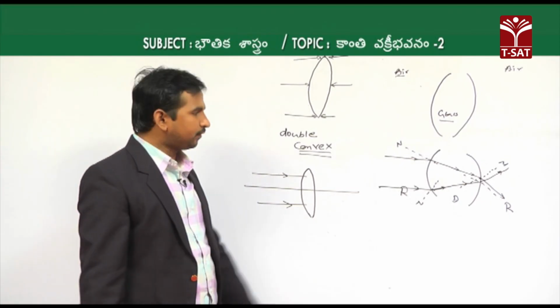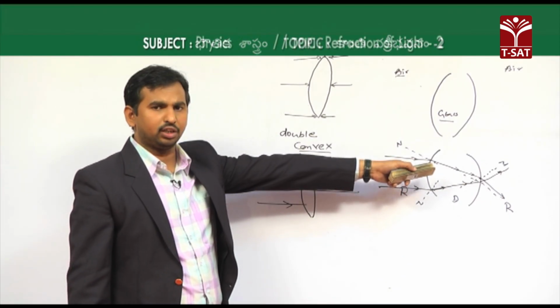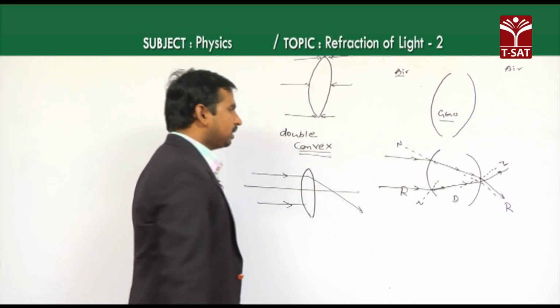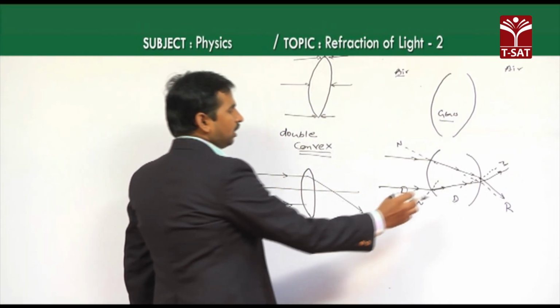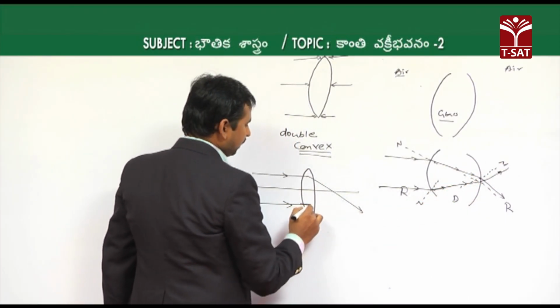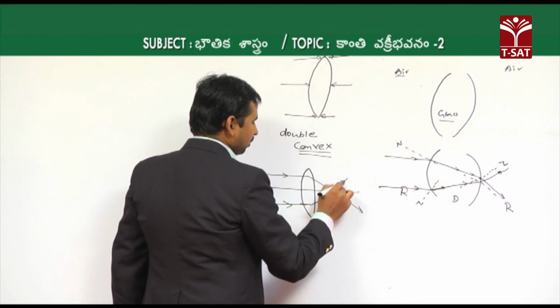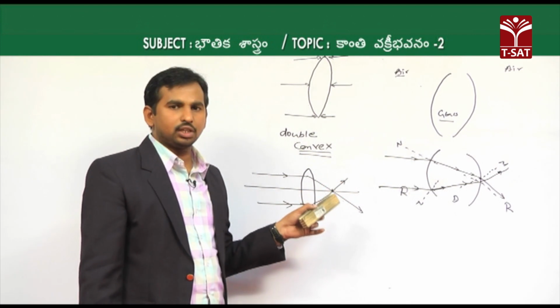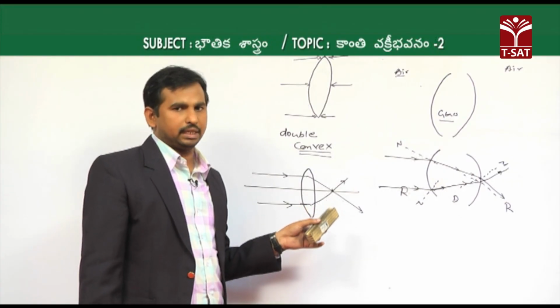Both the light rays after refraction, as both are bending downwards, the first one like this, and the second one, the light ray which is going up here, which is moving away from its normal, means like this. Okay. This is the converging nature of the double convex lens.